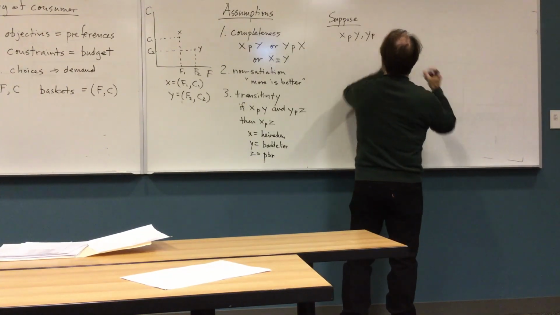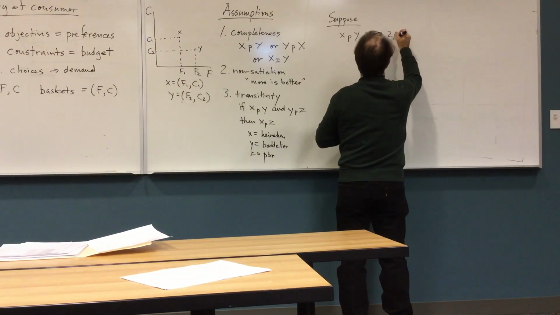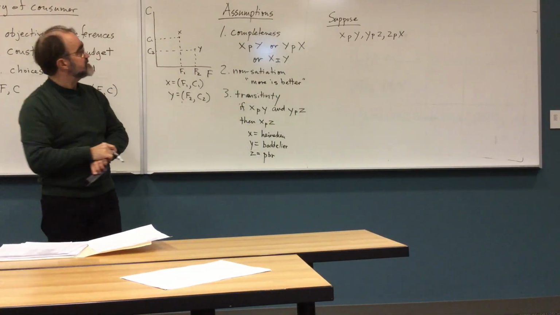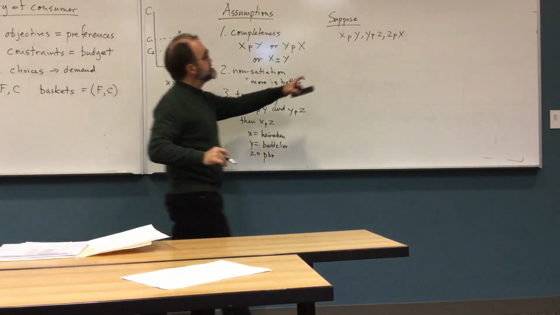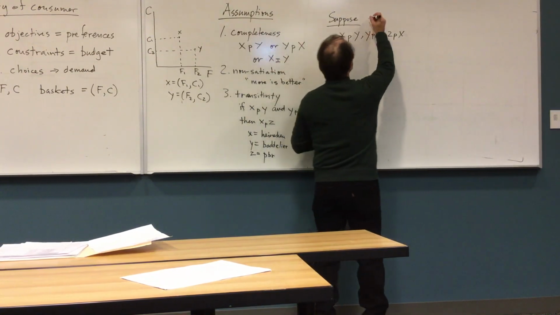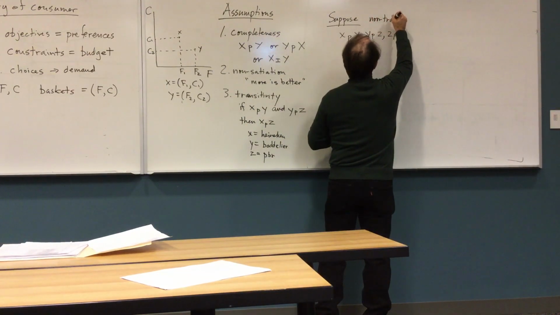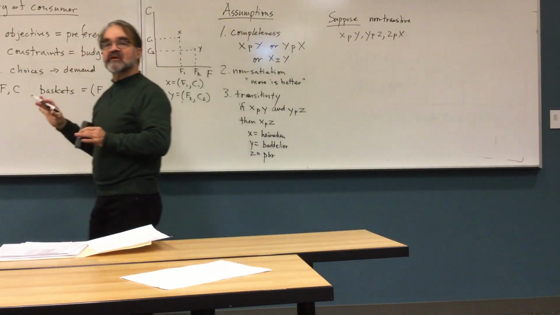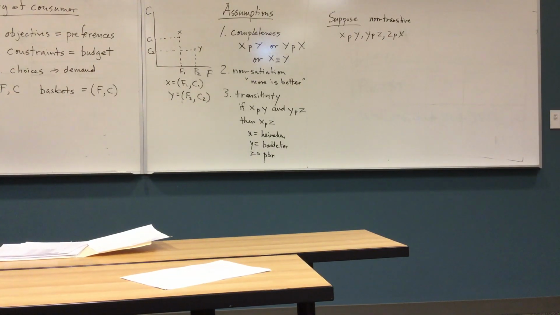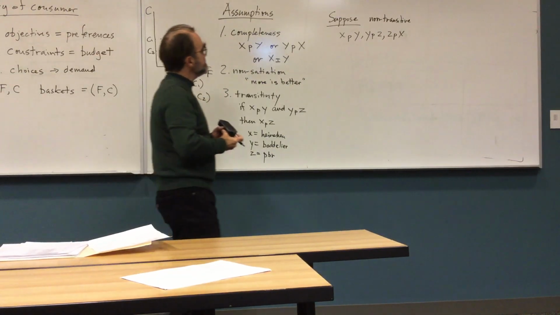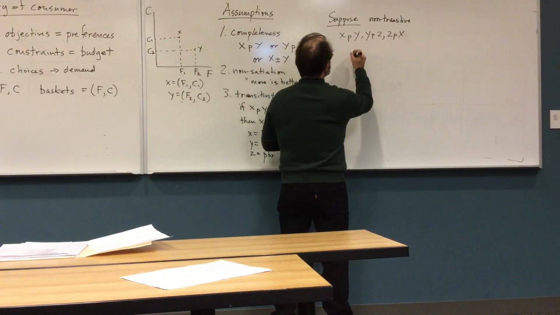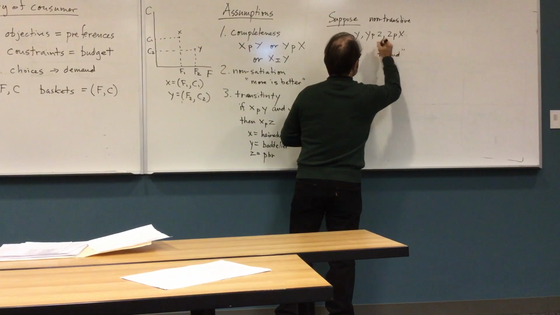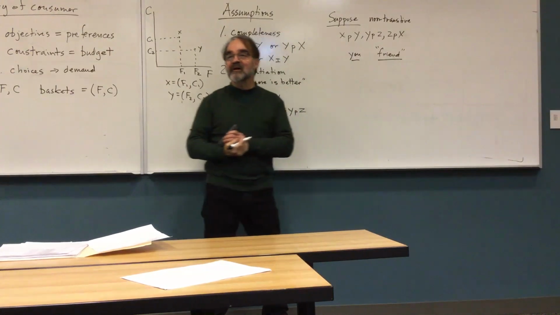Y is preferred to Z, and Z is preferred to X. Sometimes when we're trying to understand some principle, it helps to assume the opposite of it and see what happens. So this is you and this is your friend. He may not be a friend at the end of this, as you'll see.